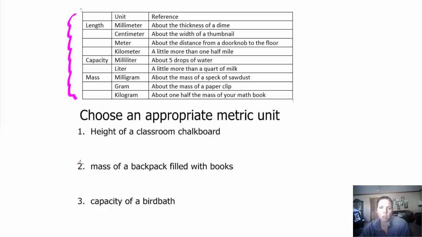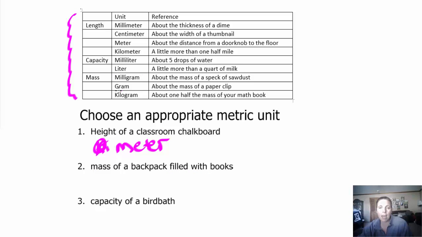You're probably going to want to use the, I'm sorry, not the, whoops, I totally said that wrong. You're probably going to want to use the meter, okay, because the meter is about the distance from a doorknob to the floor, so the chalkboard would be more than that probably, but it would make more sense to use the meter.